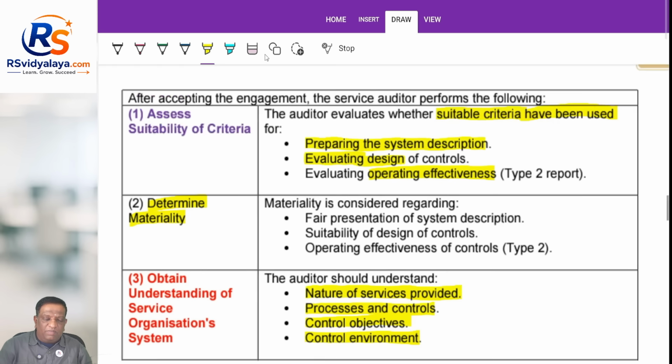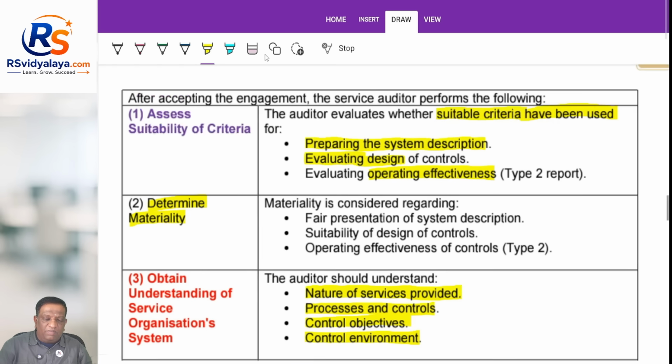It's an essay question, and from an exam perspective you can consider it a short answer question, so you can expect either 4 marks or 5 marks for it. What is he going to do? Assess suitable criteria, that is, whether the criteria are suitable for the output they are expecting, used for preparing the description of the system, the control design and the operating effectiveness.